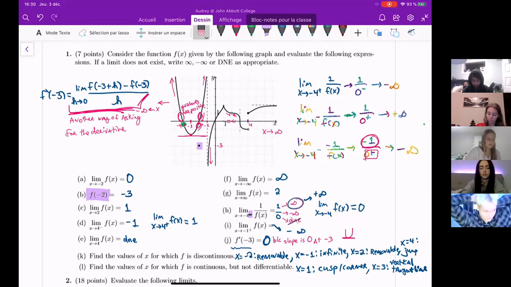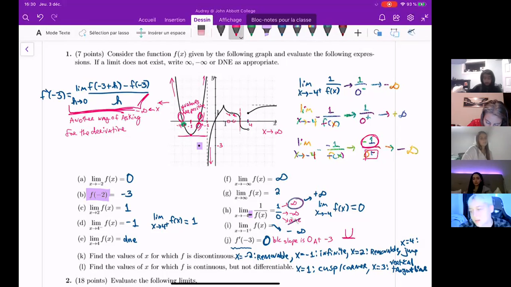Okay, good. Okay, so Xavier, you don't understand why 3 is not differentiable. So at 3, notice I have this mini dotted line right there. And the reason is because my tangent line is a vertical tangent line. I know that the slope of a horizontal line is 0.